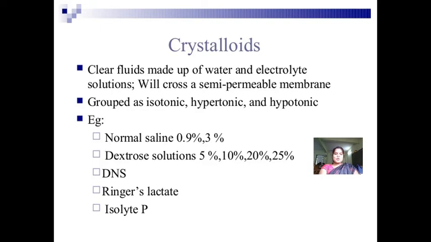Crystalloids have been grouped mainly into isotonic, hypertonic, and hypotonic. So remember these: isotonic, hypertonic, hypotonic. There is normal saline in that. Examples: normal saline, dextrose, DNS, ringer lactate, isolyte P. Isolyte P is usually kept for children.